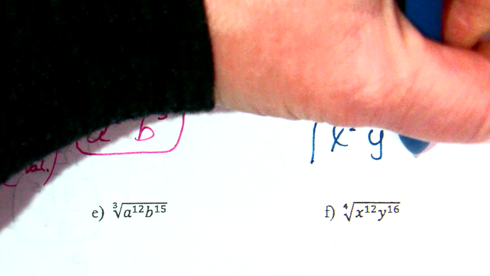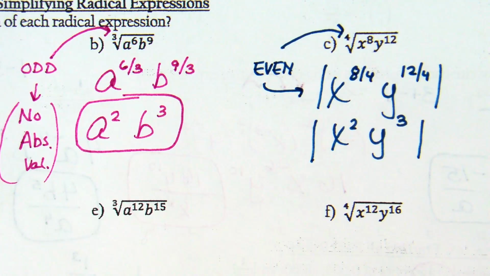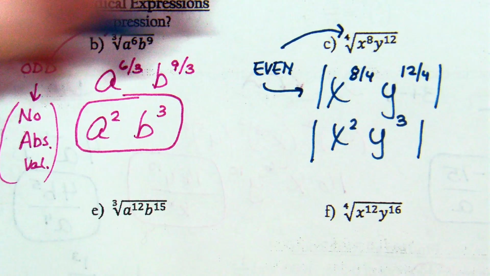I'm not allowed a negative answer. Now, like the first one we did earlier, think about each part. Does x squared need absolute value to make it positive? Anytime you square something, it's automatically going to be positive, isn't it? So x squared does not need absolute value, because when you square something, we get a positive. Period. End of statement.